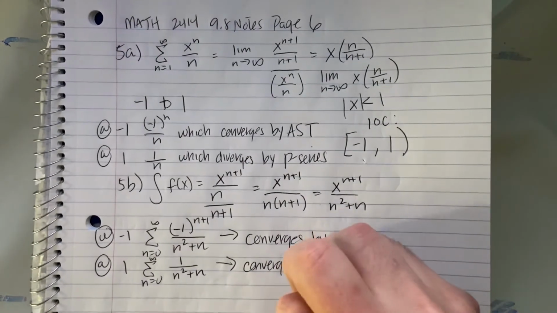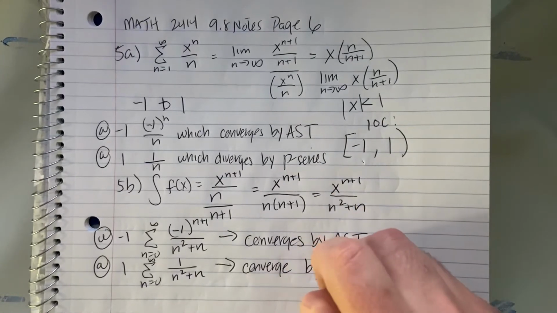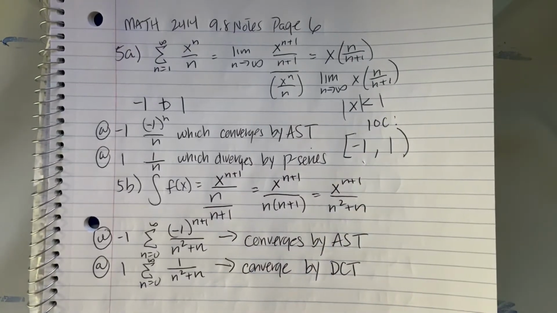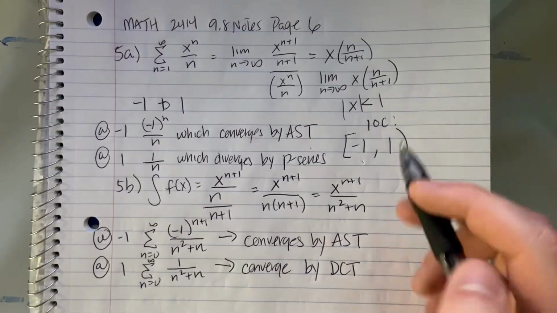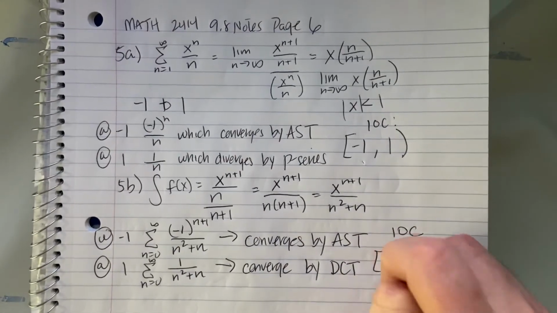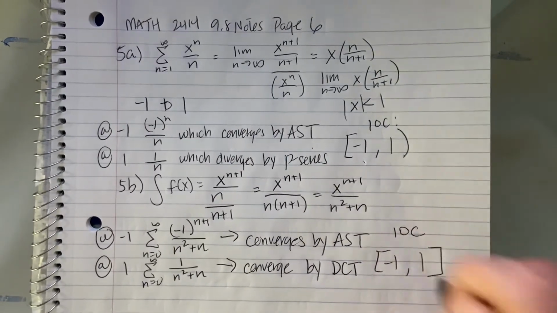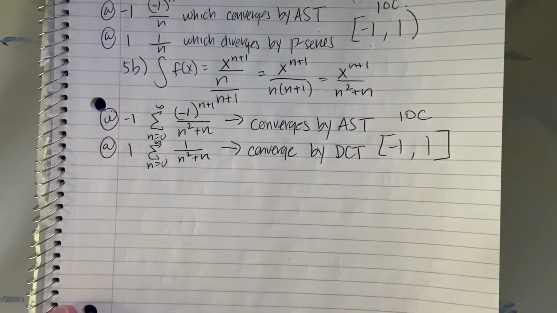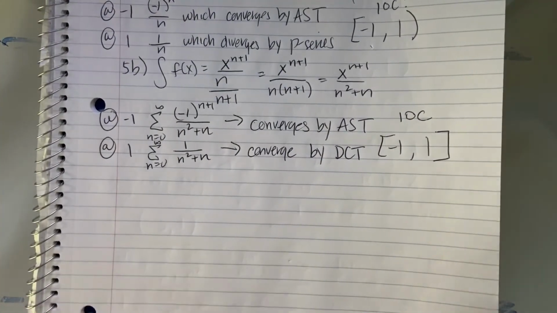It will converge by, I'll say, direct comparison test. It is smaller than 1 over n squared, and 1 over n squared converges, so this one converges. So instead of 1 being excluded, 1 is now included on both ends.